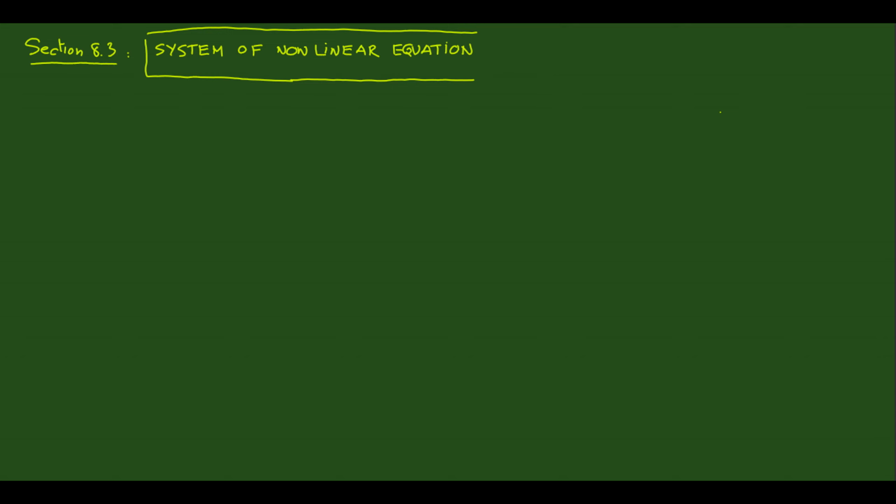Traditionally, when we learned systems in college algebra, we learned the elimination method and the substitution method. For nonlinear systems it's the same thing. We can use substitution, or we can use elimination, but most of the time we use substitution. Sometimes we have to use both methods.